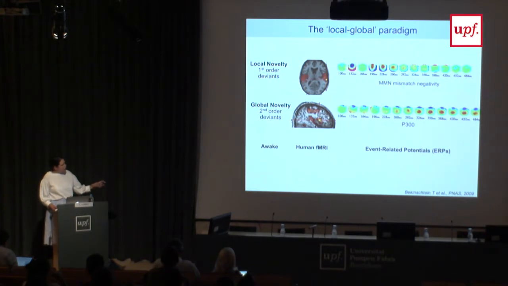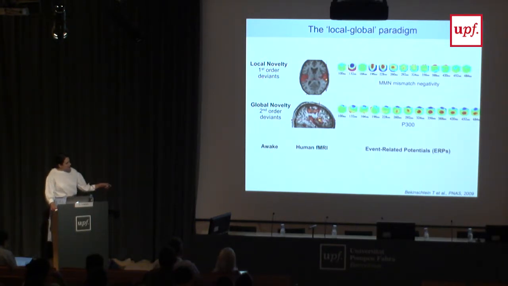And what was shown in this paper is that you really have to be conscious to activate this whole network. Because if you distract the humans, for example by showing them other visual stimuli at the same time as they are listening to these auditory stimuli, then you don't get this activation at all.